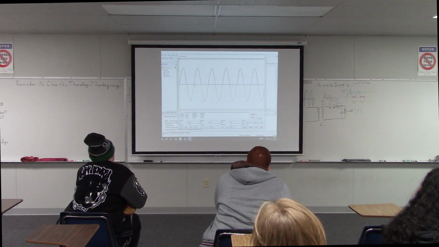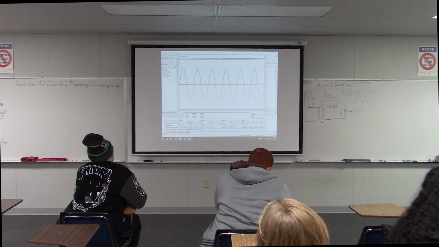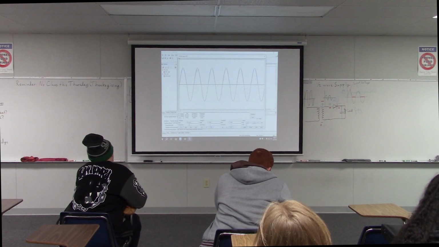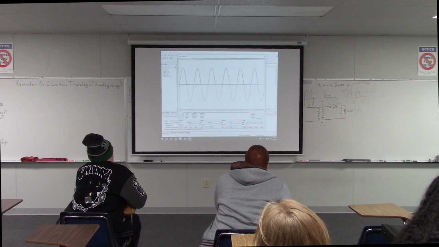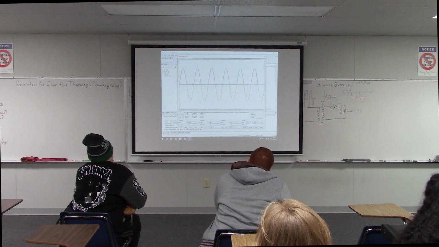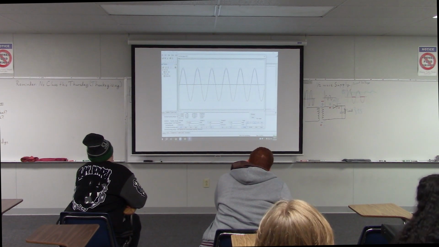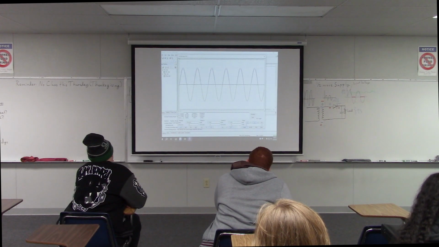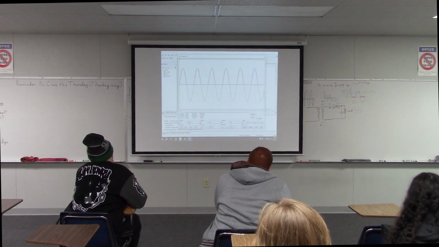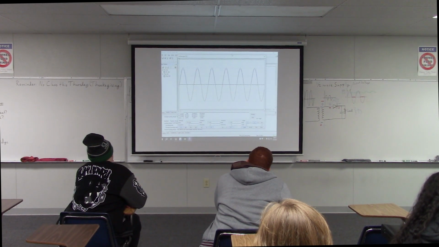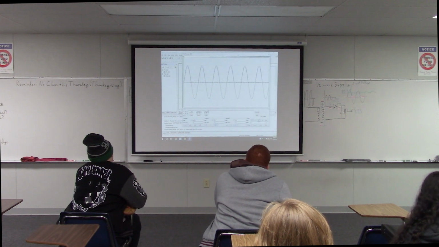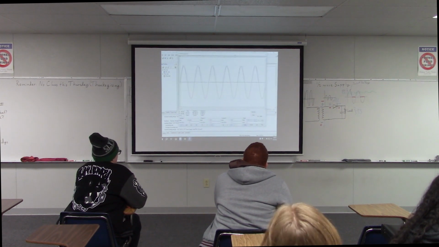Then when the input goes positive again, the blue signal goes up. And again, the blue signal doesn't go all the way up as high as the red input signal. And why is that again? Right, exactly. Because of the diode. The blue signal has to travel through that diode, and we lose a little voltage there. Okay? So that's what's going on there.